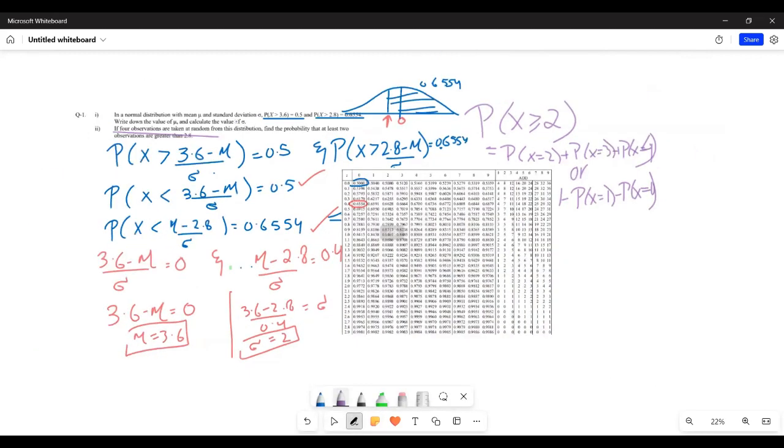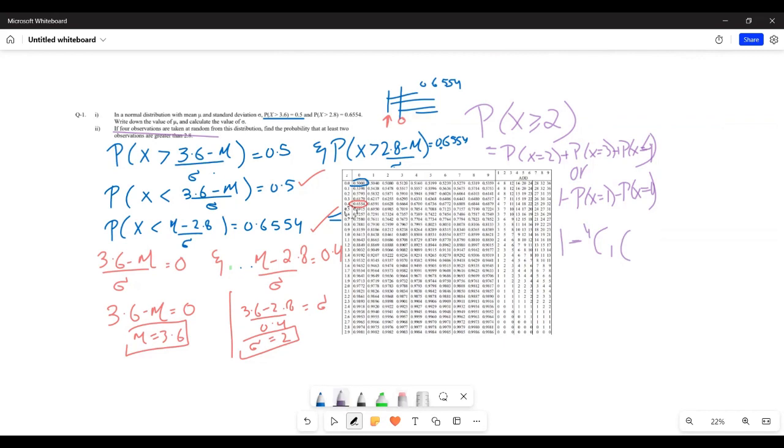So 1 minus probability X equals 1 would be nC1, so 4C1, times the probability of success. What is the event? At least 2 observations are greater than 2.8. So it's this event. We already have its probability, which was 0.6554.